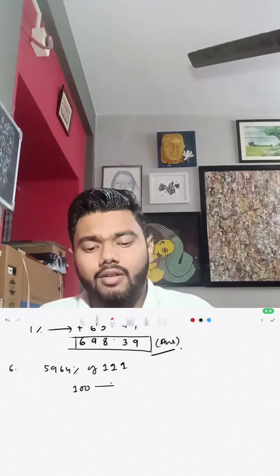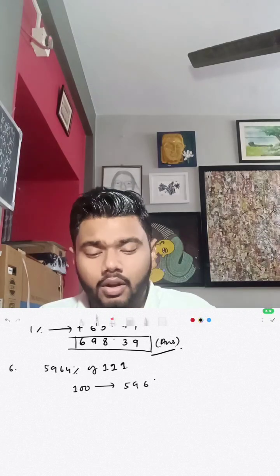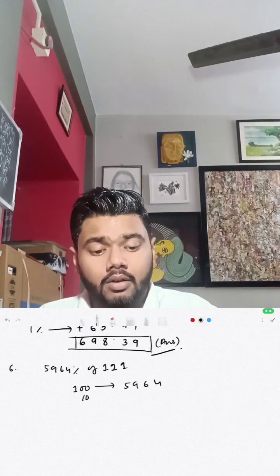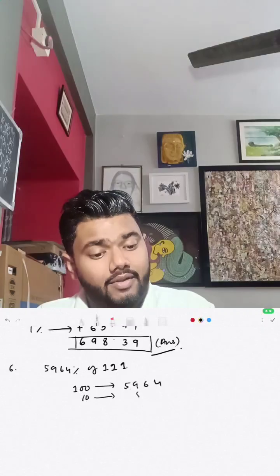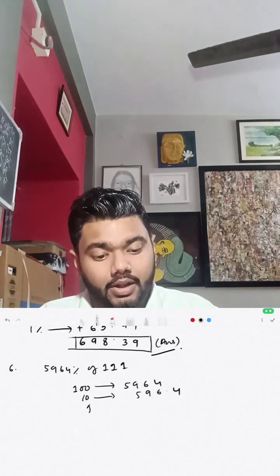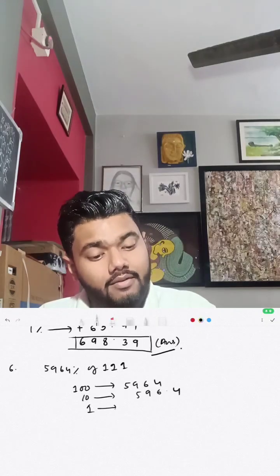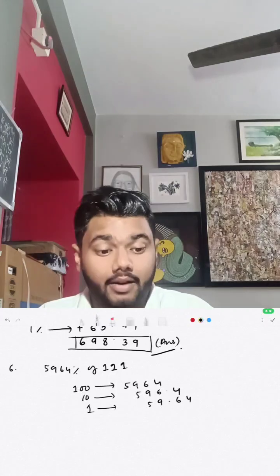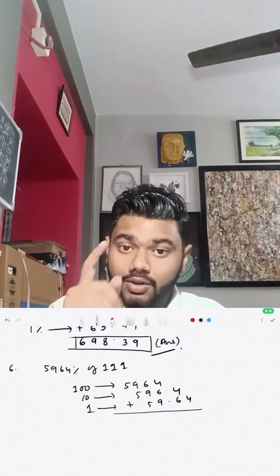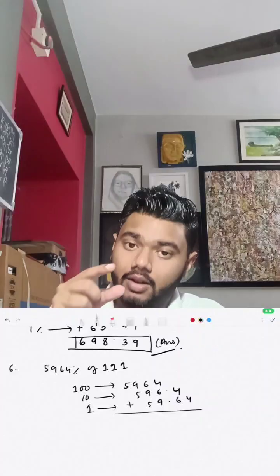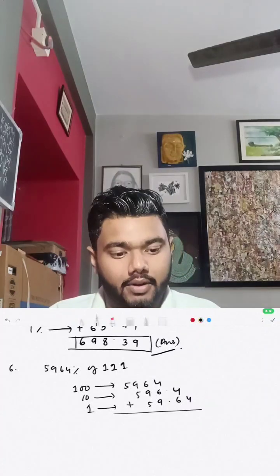So 100% of 5964 is 5964. 10% is 596.4, and 1% is 59.64, right? So we will add, because 100 plus 10 plus 1 gives 111.